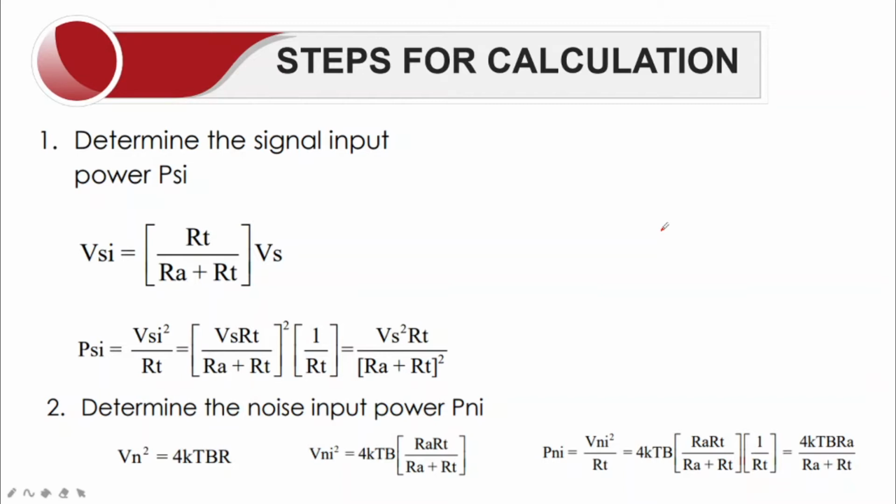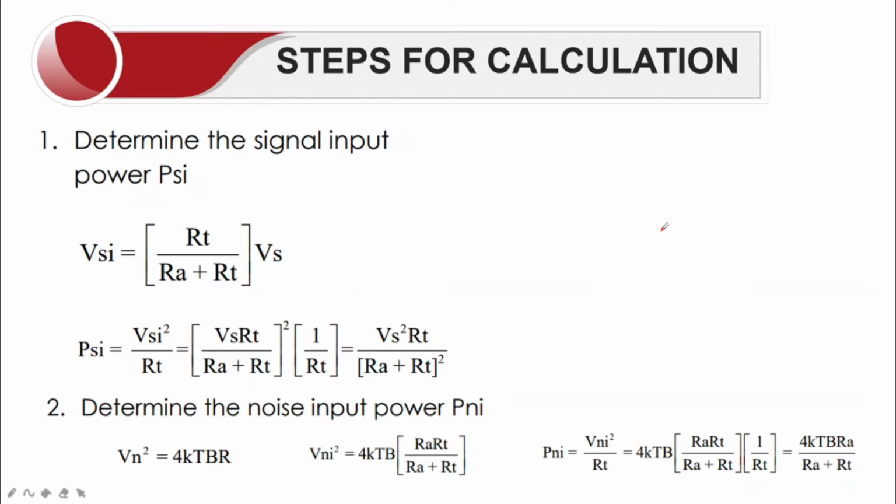Ngayon, sa mga problems regarding noise factor in terms of noise resistance, meron dyang ibibigay na total resistance tsaka resistance ng antena. Yung total resistance, yun yung RT, tapos yung antenna resistance, yun yung RA. And ayun, meron ding ibibigay na VS dyan. Commonly, ganyan.